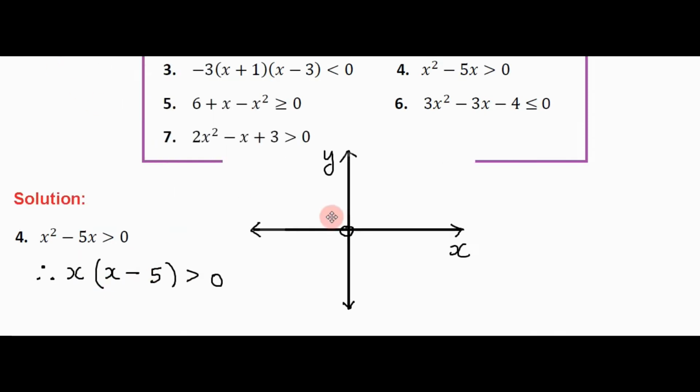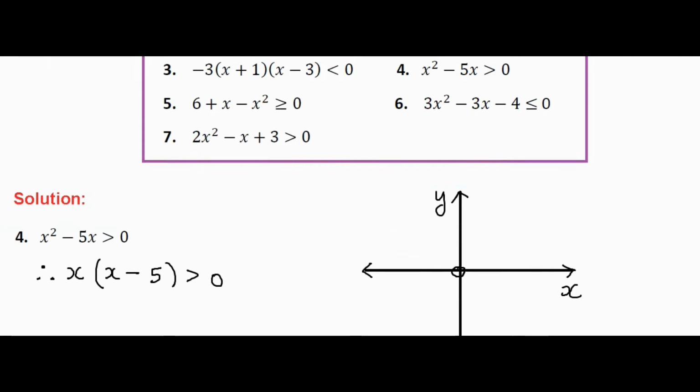So let's draw the parabola. So x equals 0 and x equals 5. So something like this, with 5 over here. And we want the parabola to be positive or greater than 0, in other words, above the x-axis.